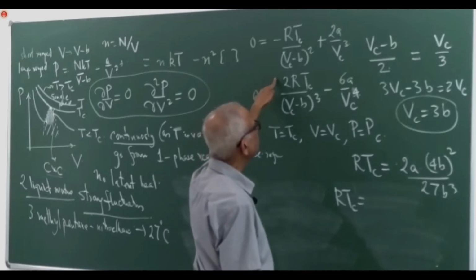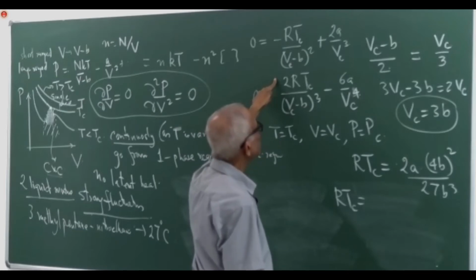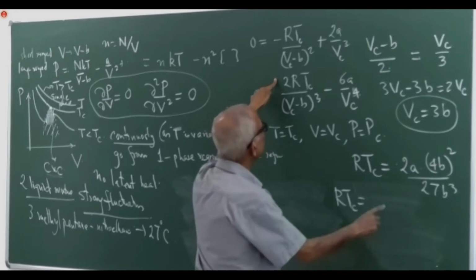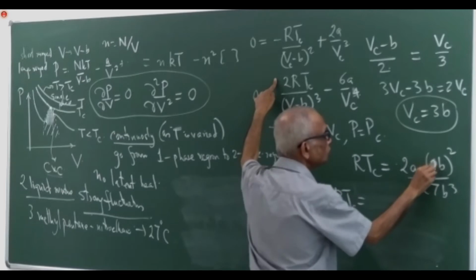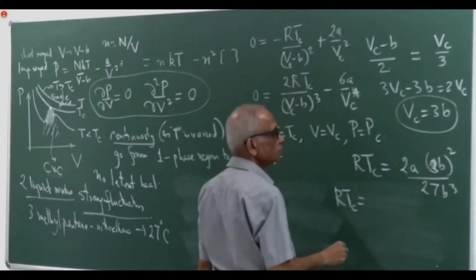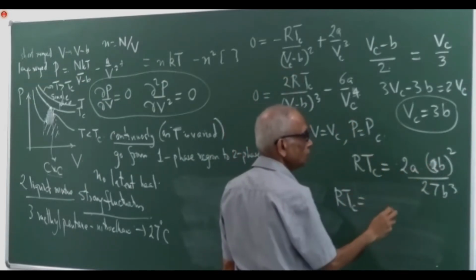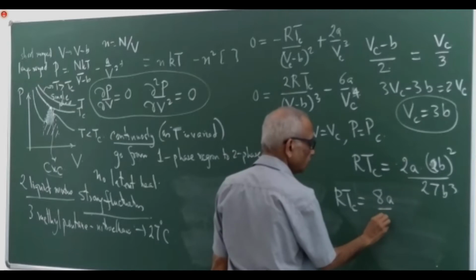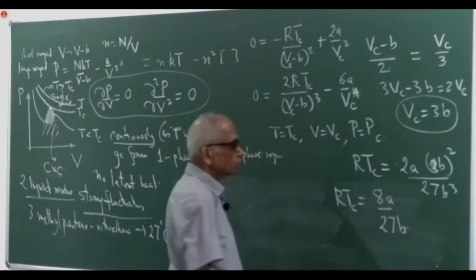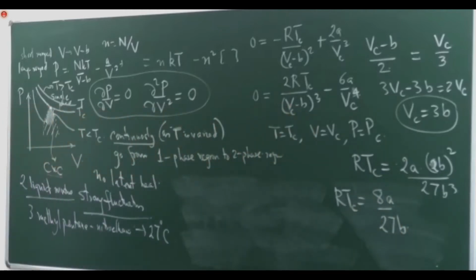This is 2A Vc, should have been RTc is equal to 2A Vc minus B, that's 2B. 3B minus 2B, so 2B whole square. So that is 8A over 27B. So RTc, the critical volume is 3B.